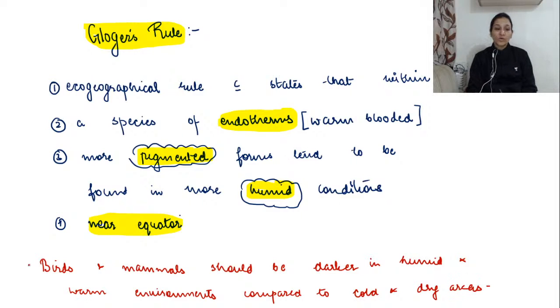This is what Gloger's rule says, that it is about birds and mammals. They'll be more pigmented if they are living in a darker and humid environment, right?